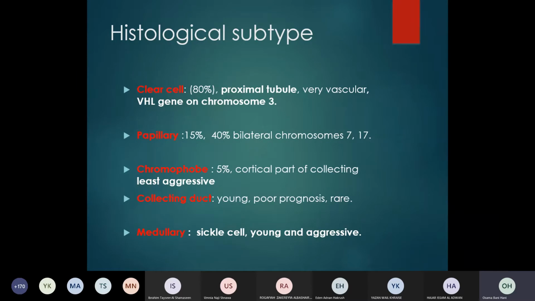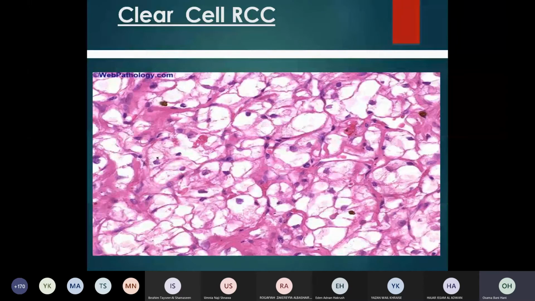The other rare tumors, collecting duct and medullary, represent less than 1%, and usually they have a poor prognosis and they are very rare, fortunately.